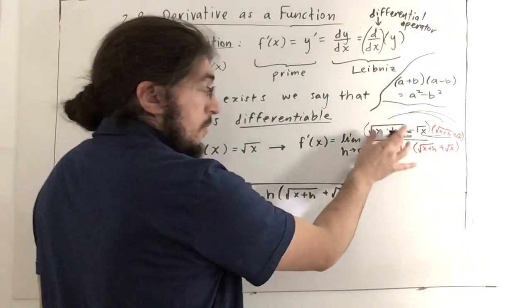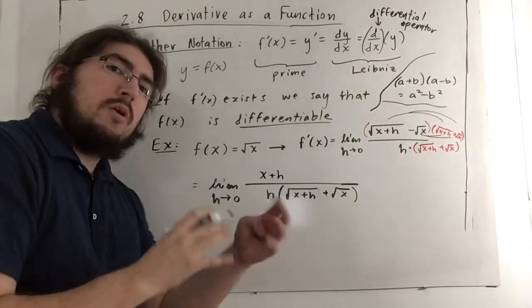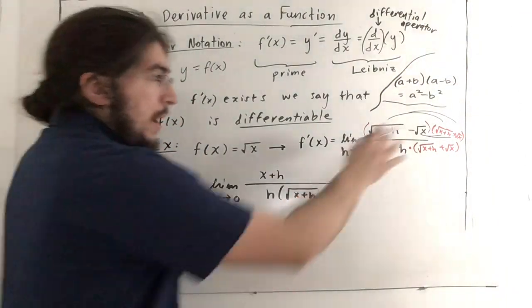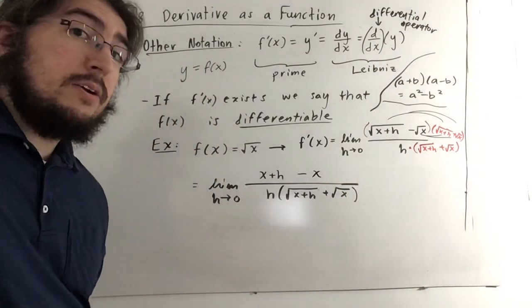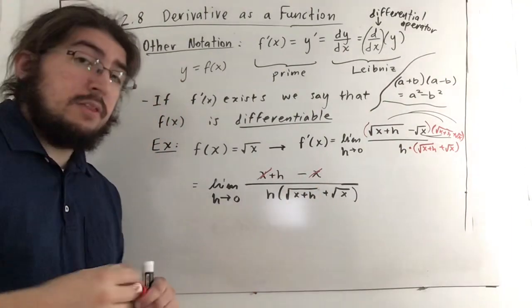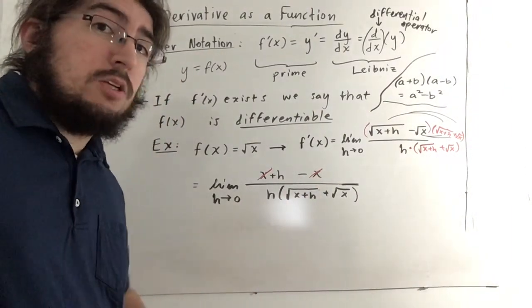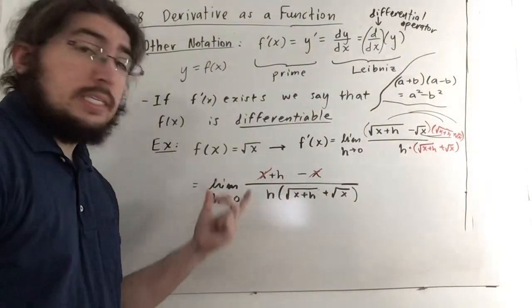So here it's going to be radical x plus h squared, which is just x plus h, because when you square a radical, the radical cancels, minus radical x squared, which is just x. So notice the x's cancel out, and that will always happen in the numerator. You want your non-h's to cancel, and here the non-h's are x, and the x's cancel.